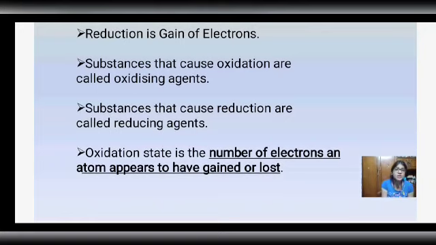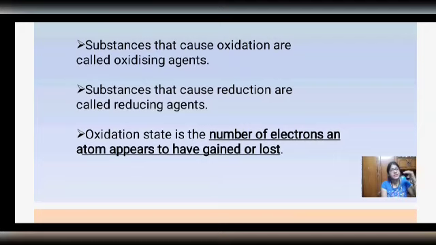Now, what is oxidation state? Oxidation state is the number of electrons an atom appears to have gained or lost. This is the number of electrons involved during losing or acceptance of it. The number of electrons it leaves gives its oxidation number, or the number of electrons it accepts leads to its oxidation number.